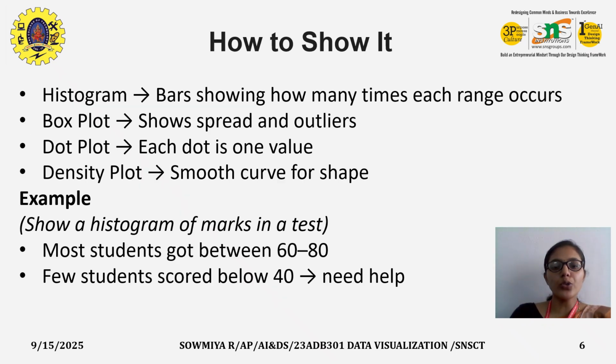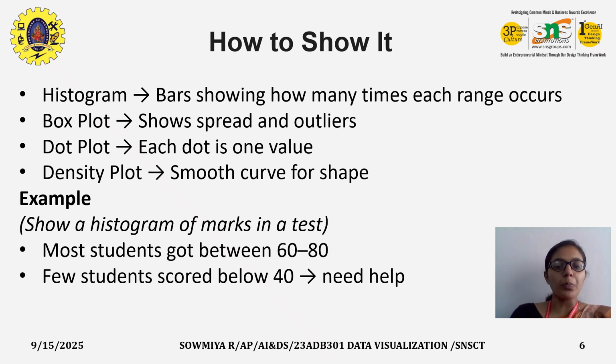How to show it? We don't just talk about distribution, we visualize them. Some common displays are histogram, bars that show how often values fall in a range. For example, marks of students grouped into 0 to 10, 10 to 20, etc. Then box plot, a compact way to show the spread, median and outliers. For instance, comparing the salaries across two companies.